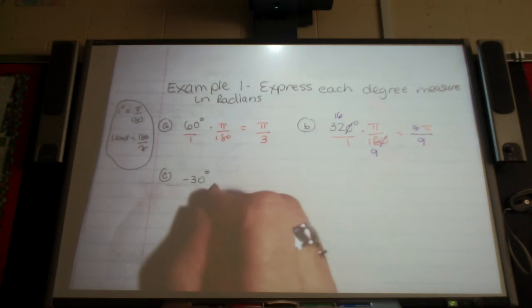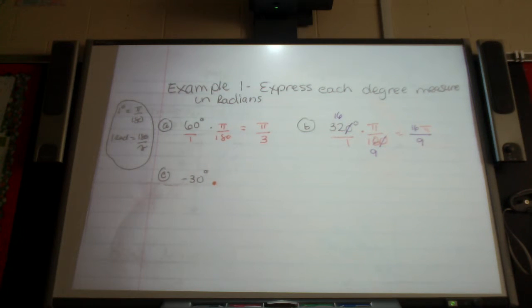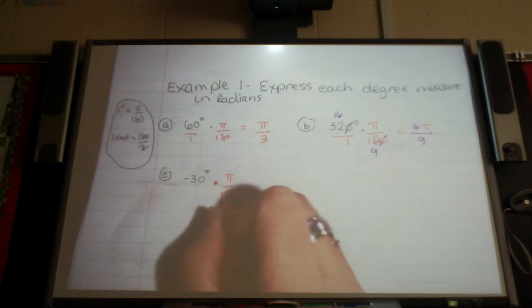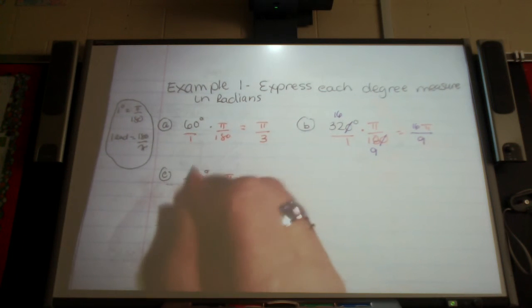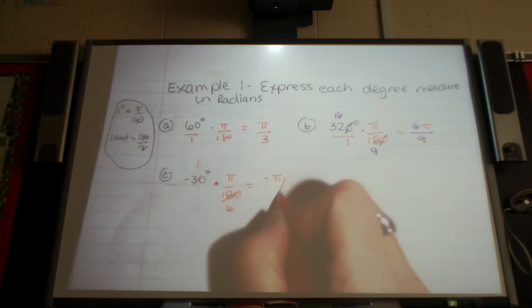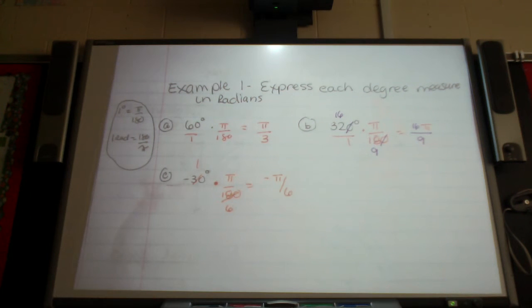And what about C? We'll multiply it by pi over 180. And 30 goes into here 6 times. So we've got a negative pi over 6.